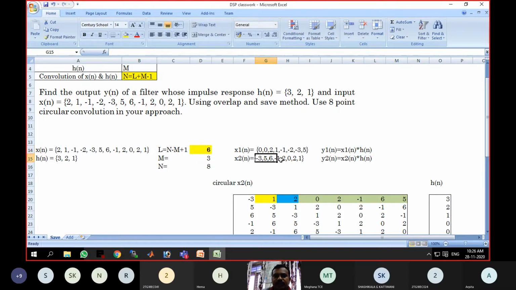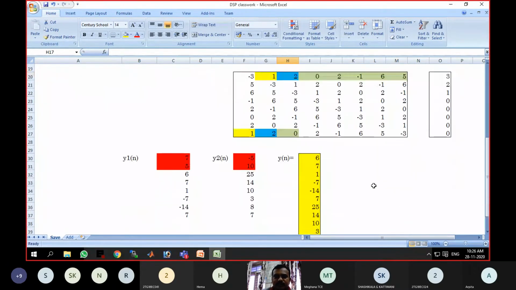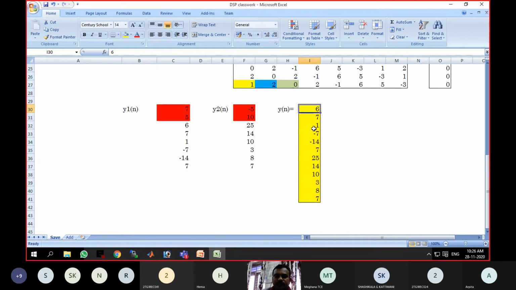Then we have the remaining L elements from the original sequence, and we have done circular convolution by the matrix method to create y1, that is y1 of n is x1 of n circularly convolved with h of n. Y2 is x2 circularly convolved with h. So finally we got the y of n: 6, 7, 1, minus 7, minus 14, 7, 25, 14, 10, 3, 8. So this is our answer.